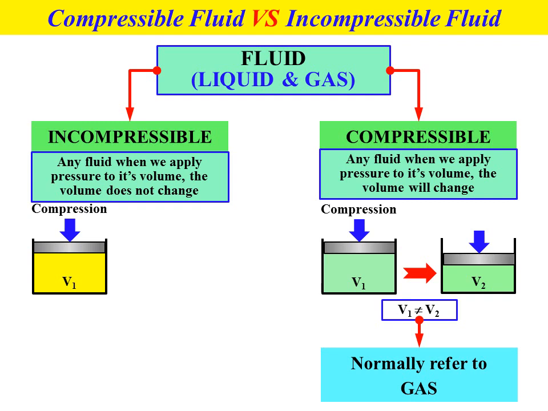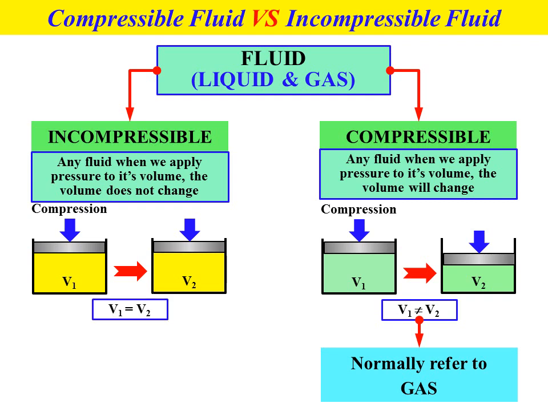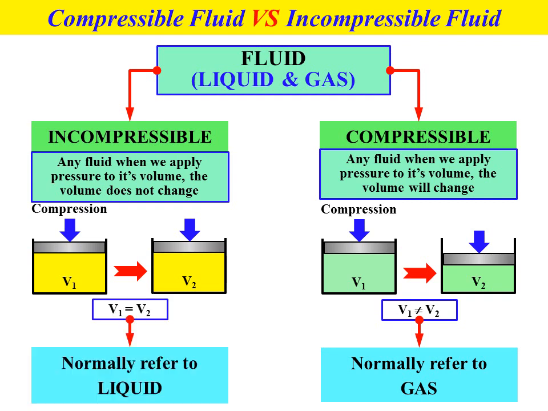When we apply a compression process, the volume inside the cylinder remains the same as the initial volume. For this condition, V1 equals V2, with no volume change. This condition normally refers to liquid, so liquid we can consider as an incompressible fluid.